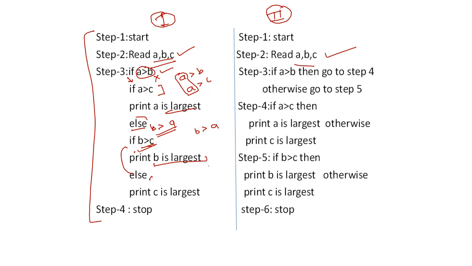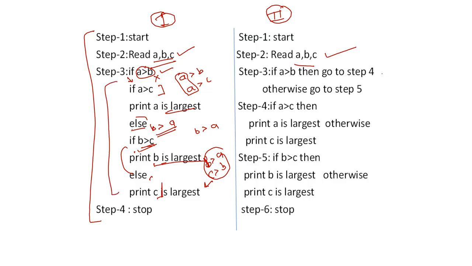We already got that B is greater than A, but B greater than C is false. That means C is greater than B. So this situation leads to C being the largest. So from these three numbers, either A will be largest, B will be largest, or C will be largest. So this is one way of finding it out.